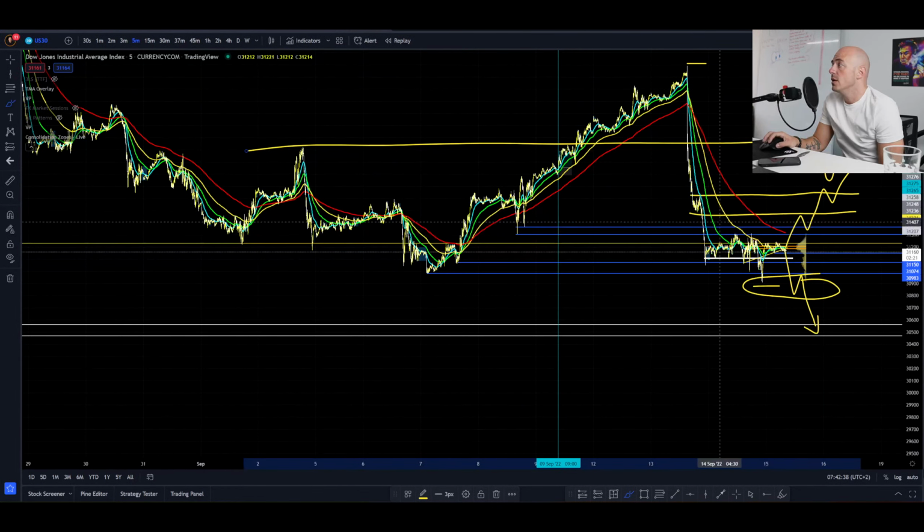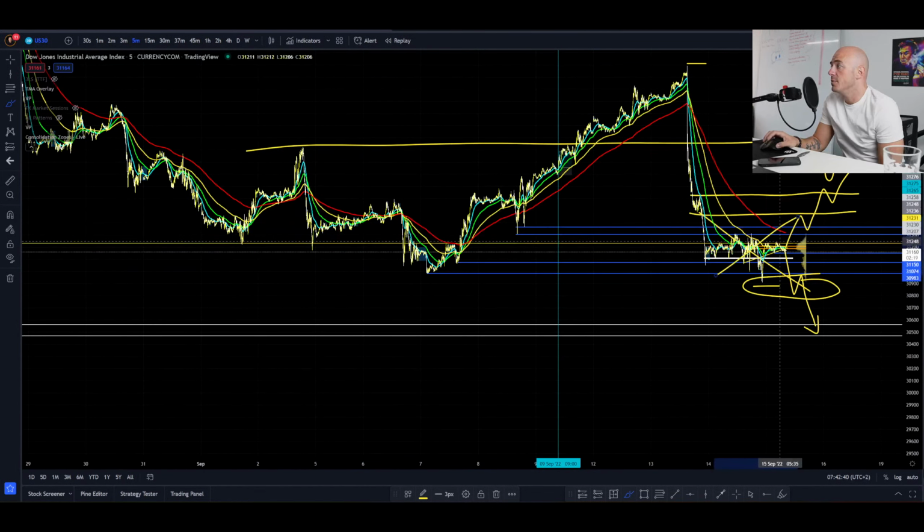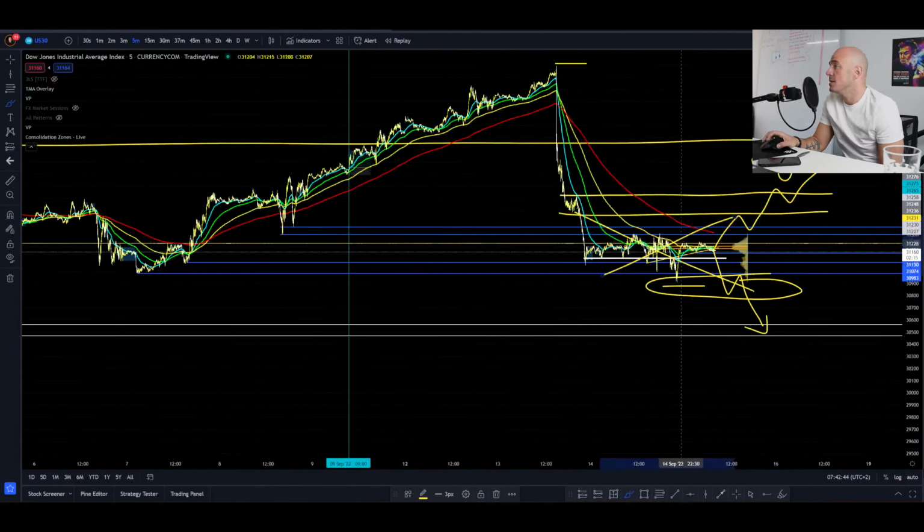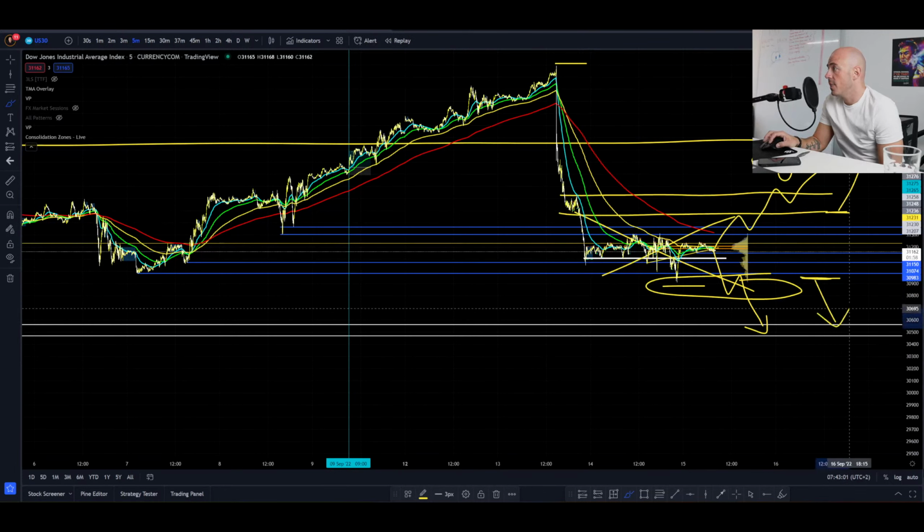So this area should be a no trade zone, but depending on what price does, I might find an entry. But the smart thing is to only look for longs here, starting here, and only look for shorts starting here.